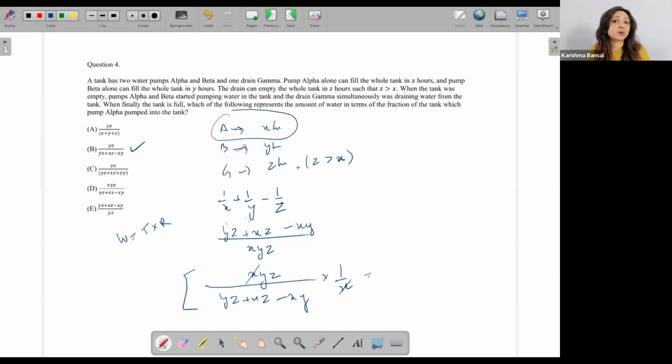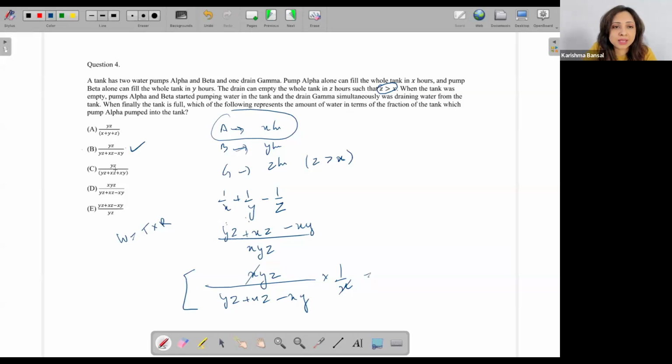And we cannot take very simple values for a couple of reasons. I can't take the ones that I love so much. Why? One, I know that Z is greater than X, so I can't take X is 1, Y is 1, Z is 1. Of course, it will not work. Another thing, note that the options are very similar to each other.